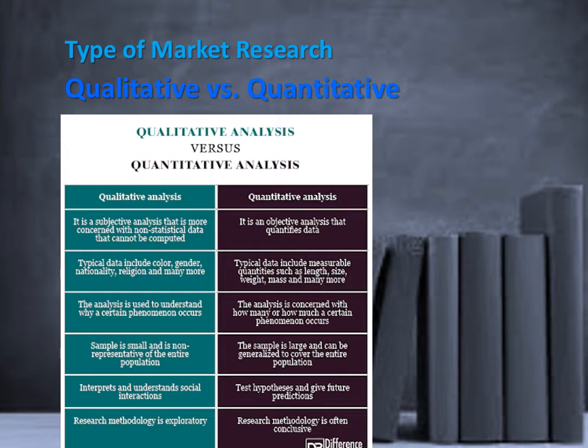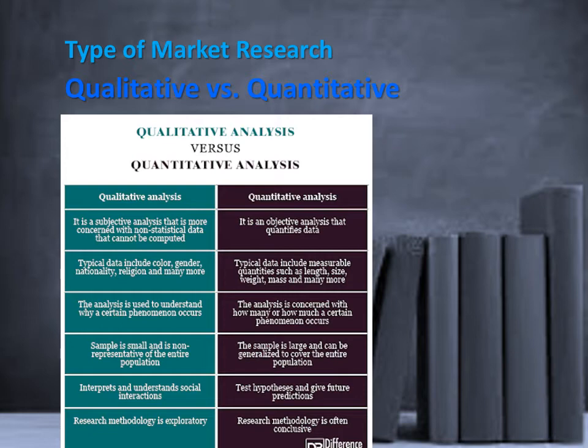So this means this is directly applicable where the sample size is large and you need to have the representation of the entire population. This is based on quantity and quantitative analysis where you want to make future predictions that X amount is using this and this means the demand is going to increase that way.